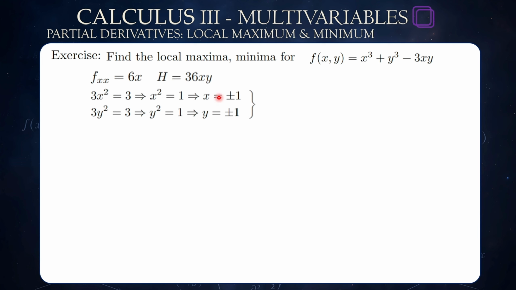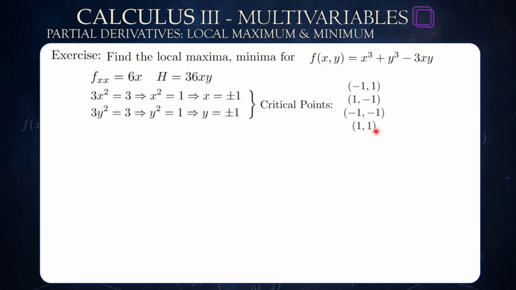So the Hessian determinant is equal to 36xy. That's the discriminant rather, which is the determinant of the Hessian matrix. fxx equals 6x. Critical points gave us plus or minus 1 at x, plus or minus 1 at y. You combine them together, you get all the combinations possible. The critical points are (-1, 1), (1, -1), (-1, -1), and (1, 1).